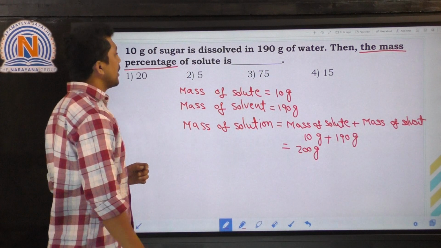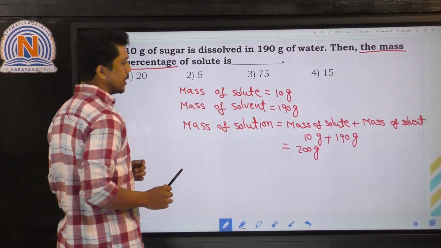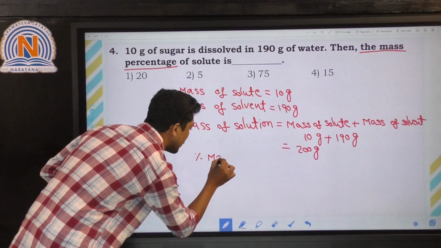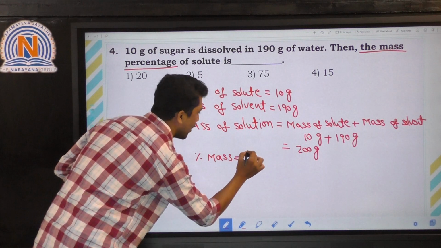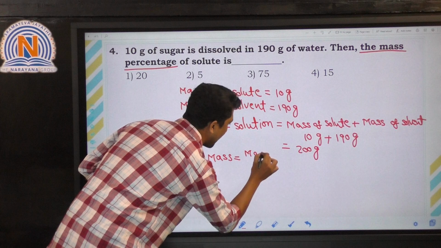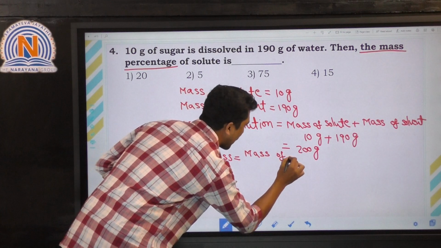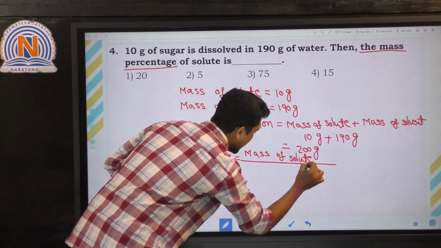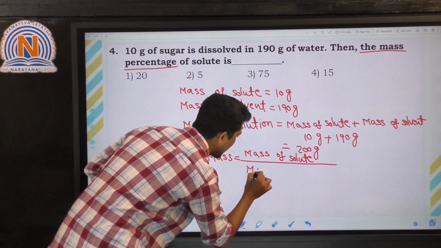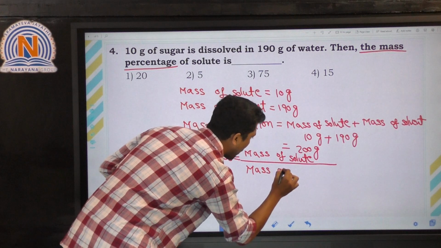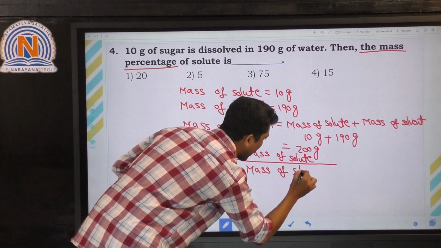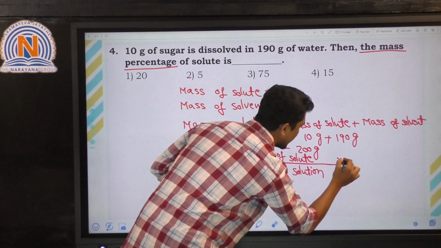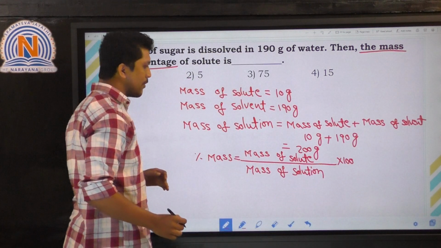Then we need to find the mass percentage of solution. So mass percentage of solution is mass of solute by mass of solution into 100. Just substitute these values in the formula.